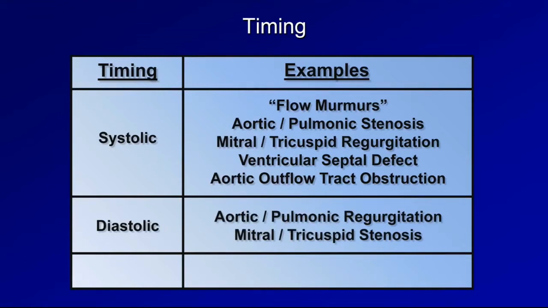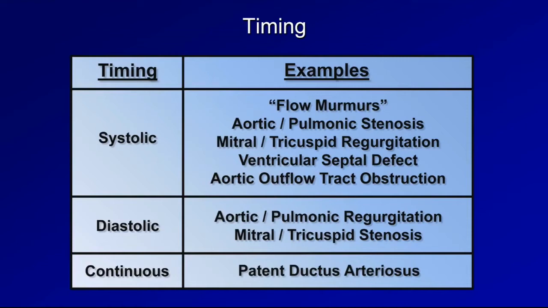Among American adults, detectable diastolic murmurs are almost always due to aortic regurgitation. Lastly, there are continuous murmurs, meaning that there are components of the murmur present in both systole and diastole. The only significant cause of this is a patent ductus arteriosus observed in infancy.